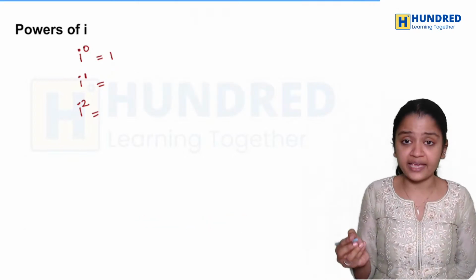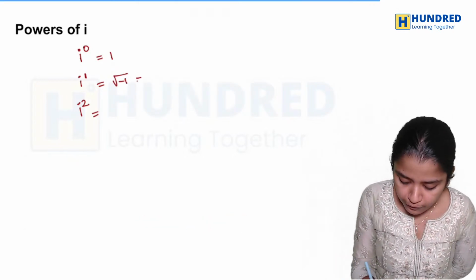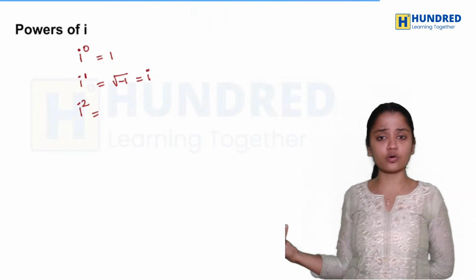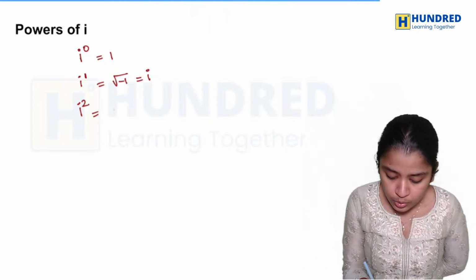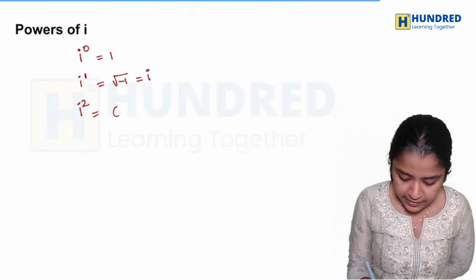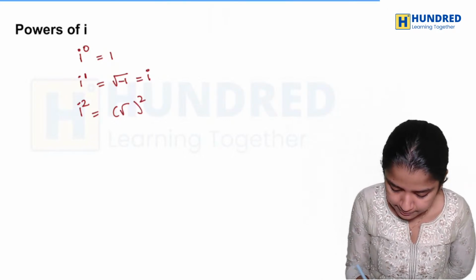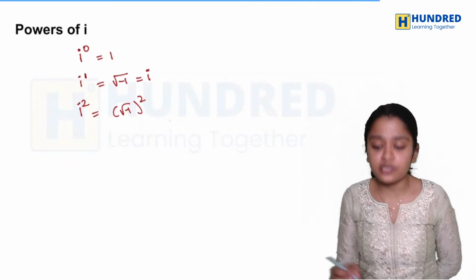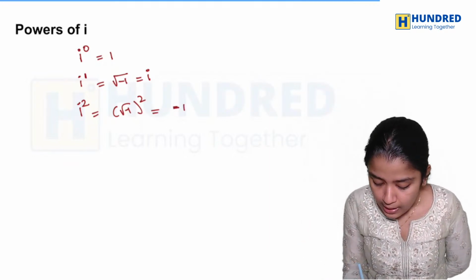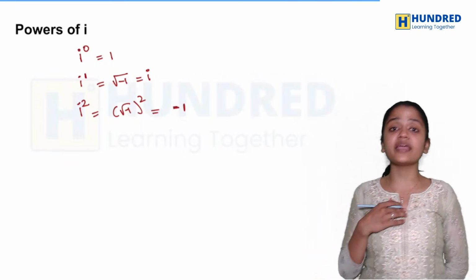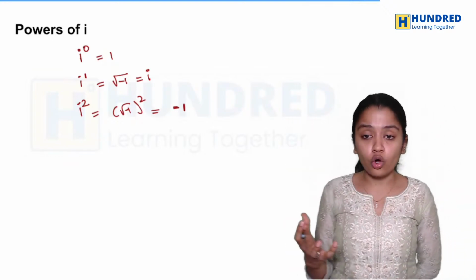You know i is nothing but root of minus 1, so i square is root of minus 1 the whole square, which is basically minus 1.